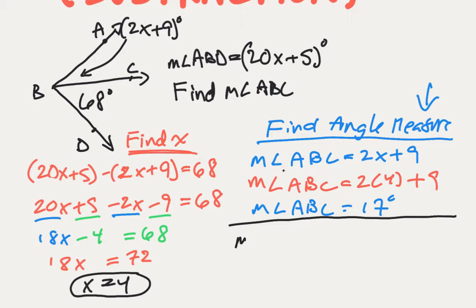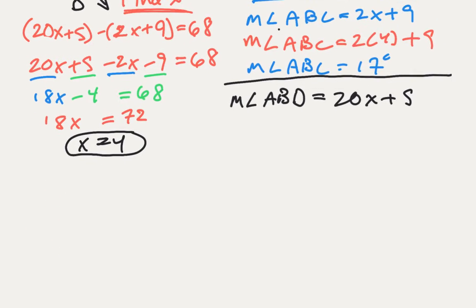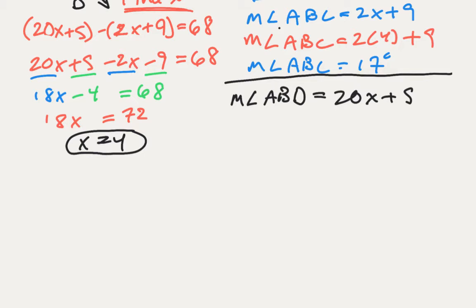We know that the measure of angle ABD, that's from up here, is 20x plus 5. And so the measure of angle ABD is 20 times 4 plus 5.